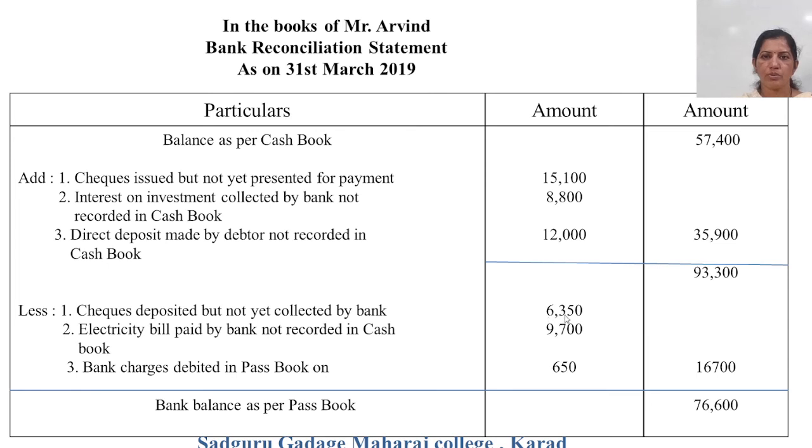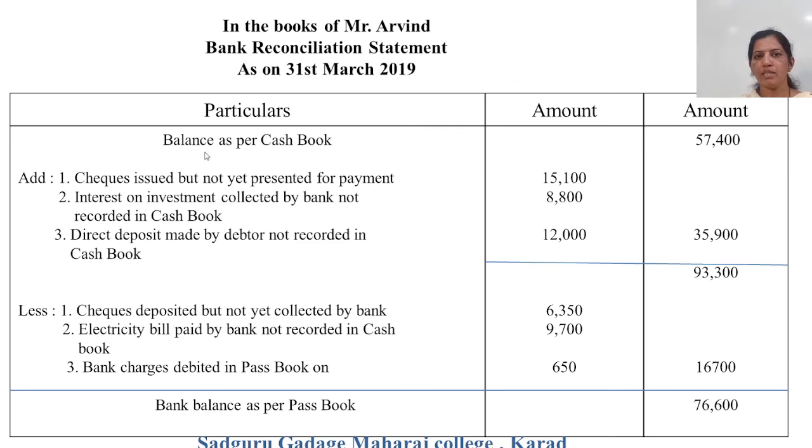See, 6,350 plus 9,700 plus 650, total is 16,700. From 93,300, 16,700 is deducted and the balance is 76,600.